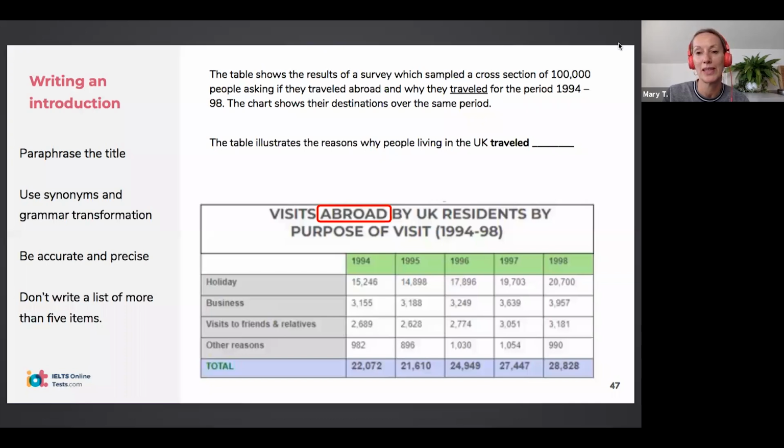Another word for abroad is overseas. Okay, and then a word which makes sense here for the period 1994 to 1998. Between, yeah, that's right. Between 1994 and 1998.